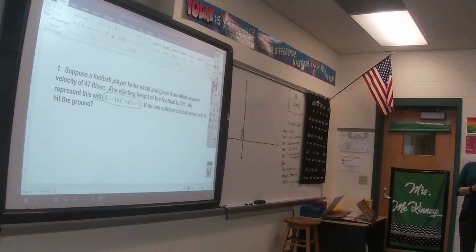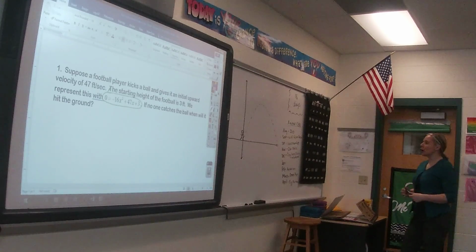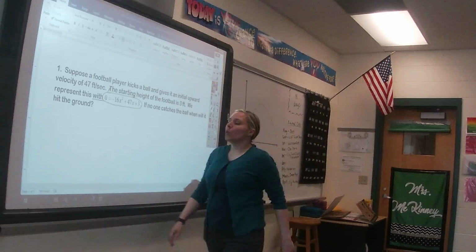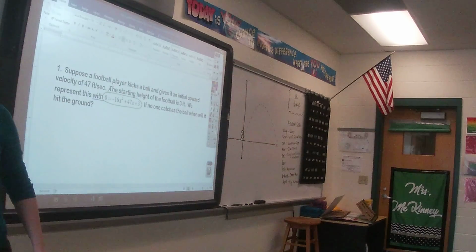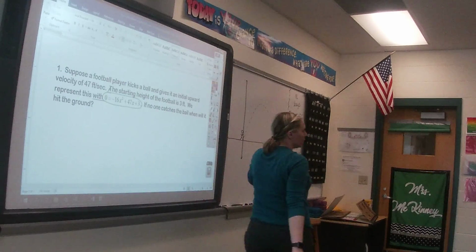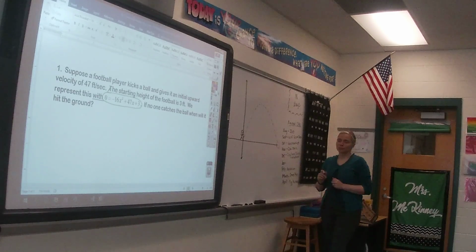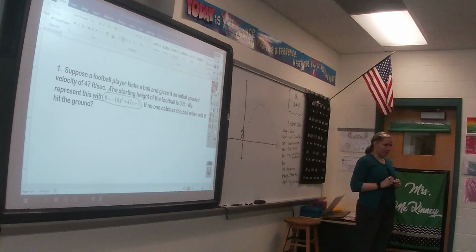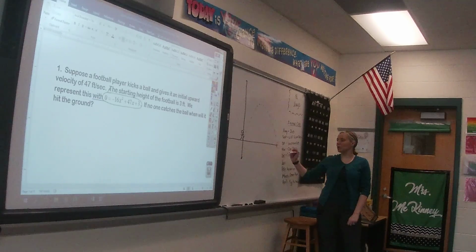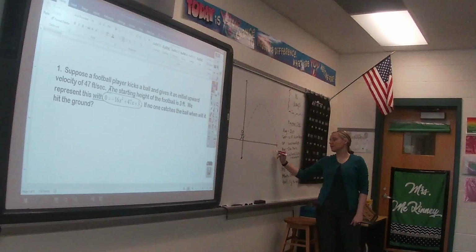Okay, so it then says, if no one catches the ball, when will it hit the ground? Okay, so let's look over here at our picture again. Where in this picture is this ball hitting the ground? Right over here? Okay, so can we agree that over here would be an x-intercept?